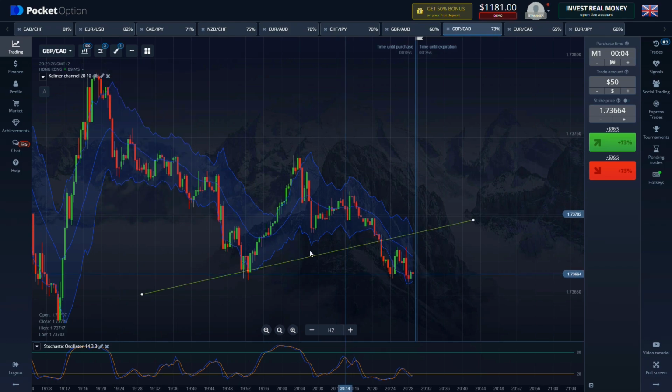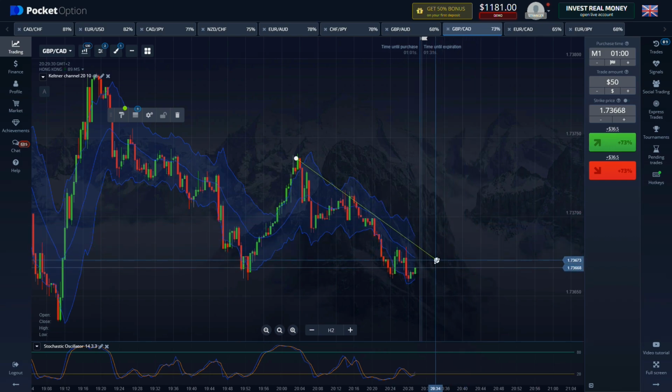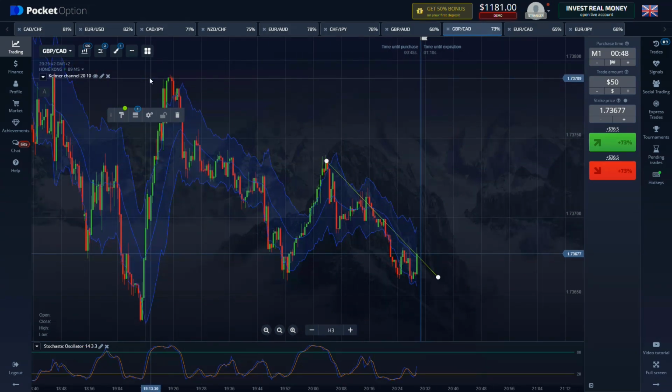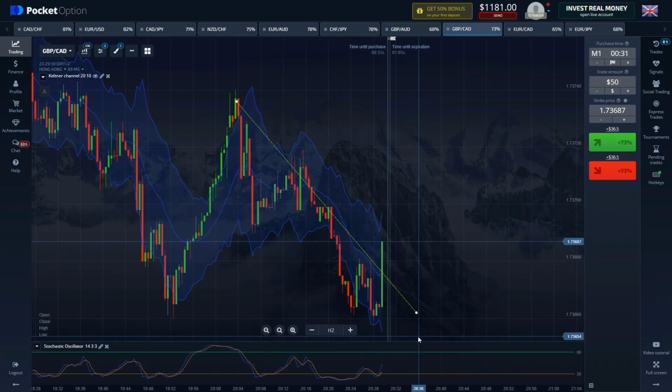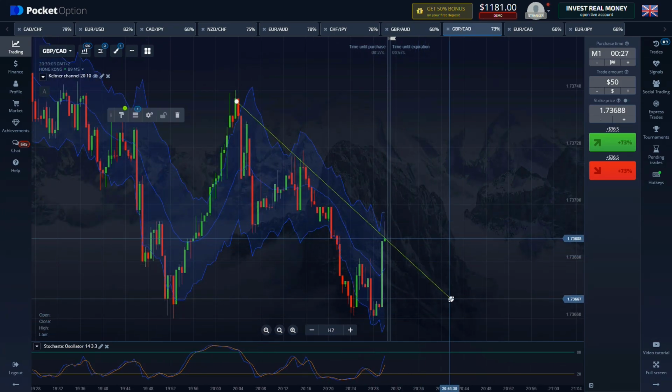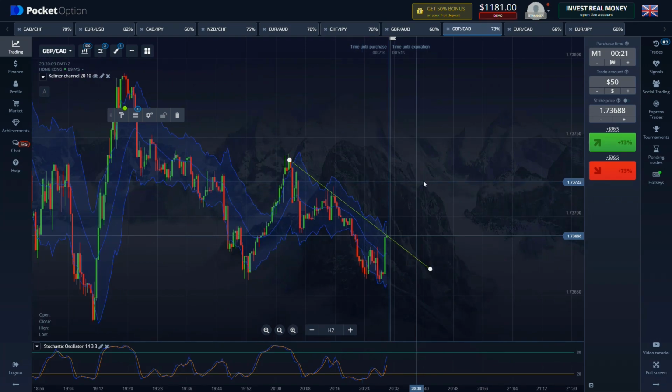That's a downtrend. We can't trade here. You can see. Okay, if this candle closes below the trend line, that will be a perfect entry for the trade.